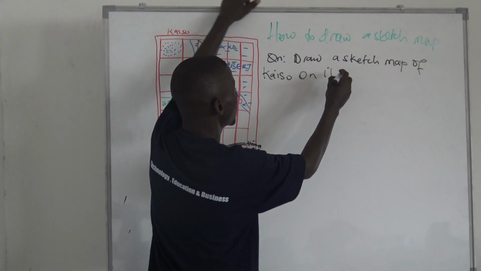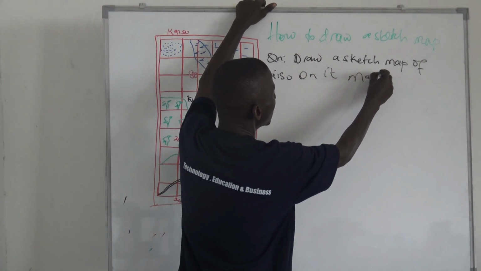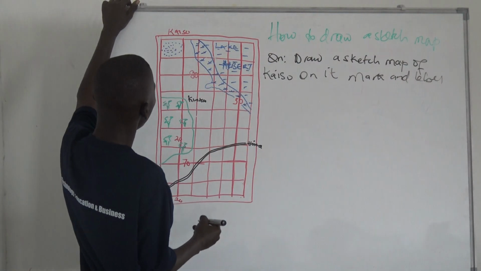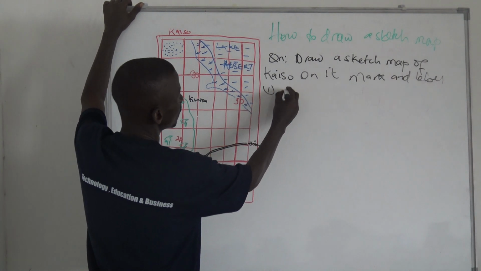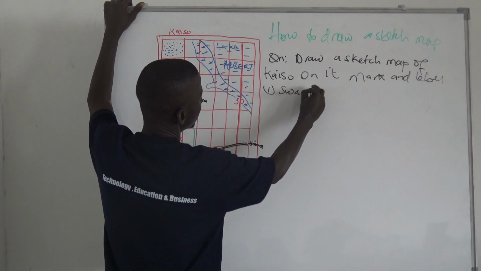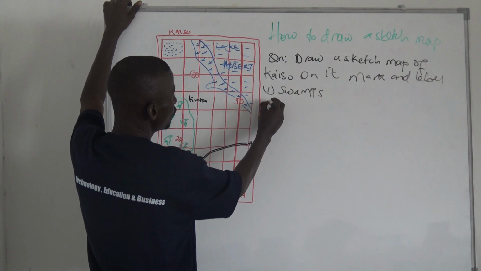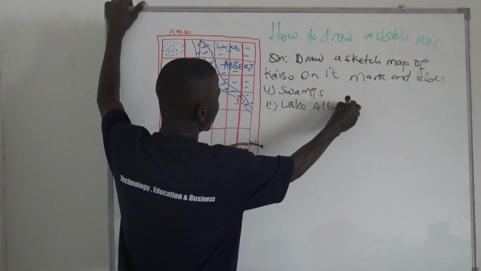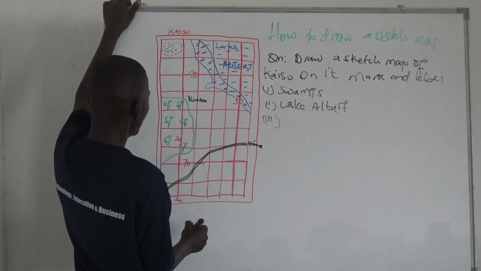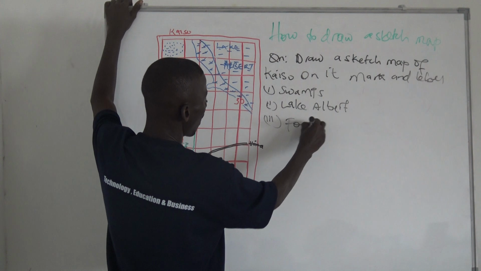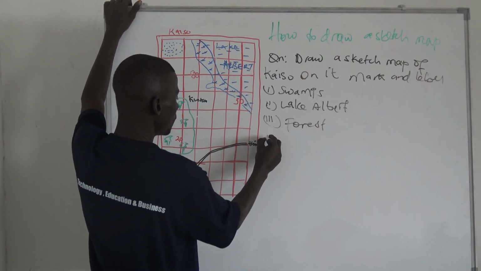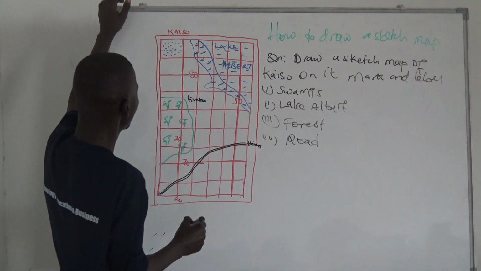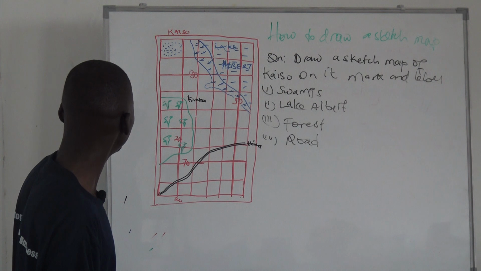On it, mark and label 1, swamps, 2, Lake Albert, 3, forest, 4, road. Yeah, 1, 2, 3, 4, 5 things.